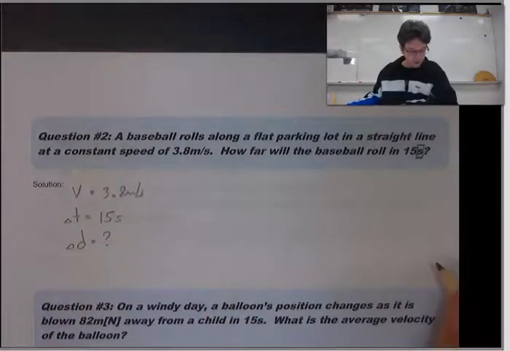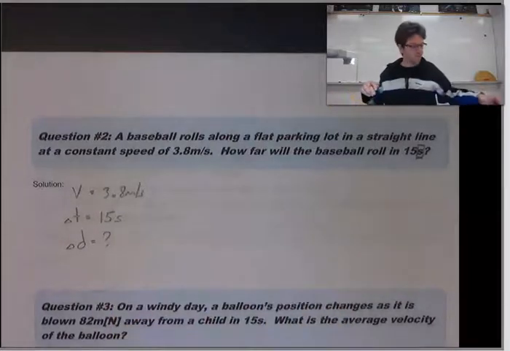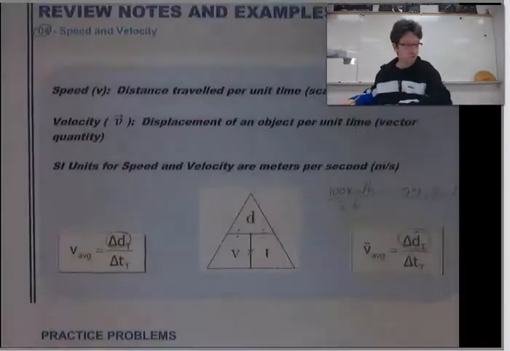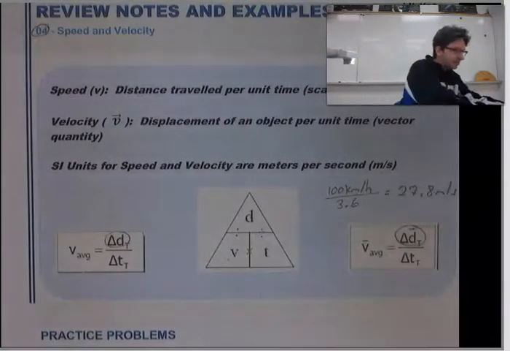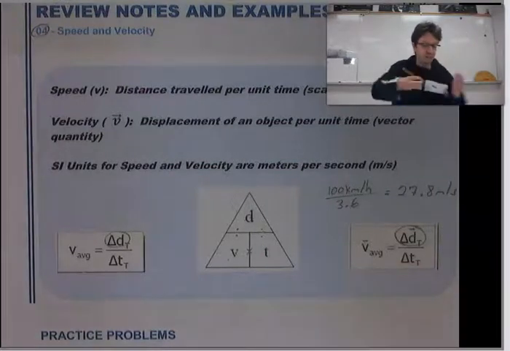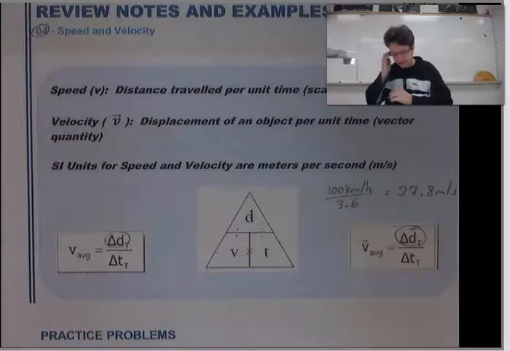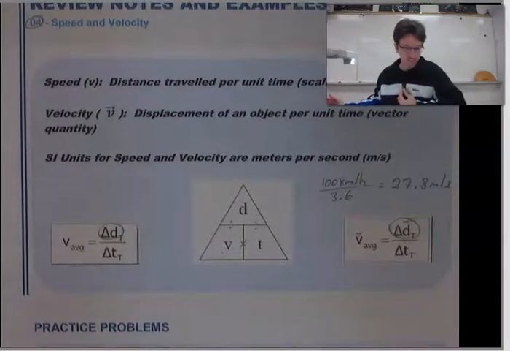All right, so now we need to analyze. We can go back to our triangle here. We're given velocity. The delta represents, we always write a delta when we want to talk about change. So when I mean change, when you look at distance, I explained the difference between distance and position.